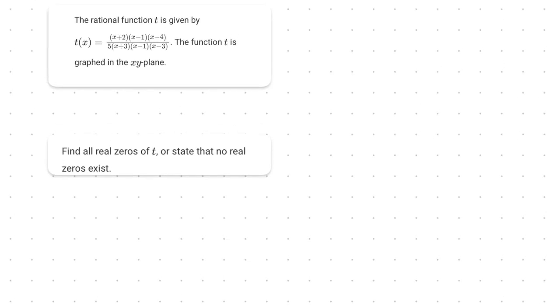All right, second part of the first FRQ, non-calculator, is now it's asking us to find the zeros. So we pretty much do the same process as the last part, except now instead of what makes the bottom 0, it's the top 0. The whole function is 0. So again, just really quick, writing everything down.